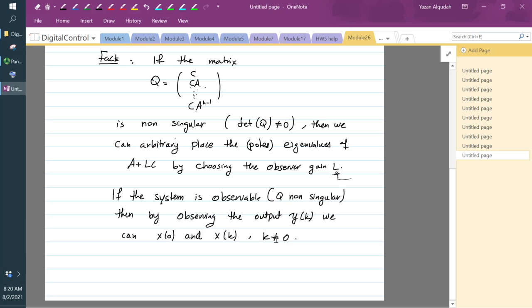In this case, we call the system observable, which means I am able to estimate, based on observing the output of the system, x of k of the system.